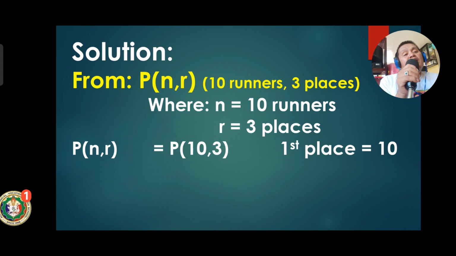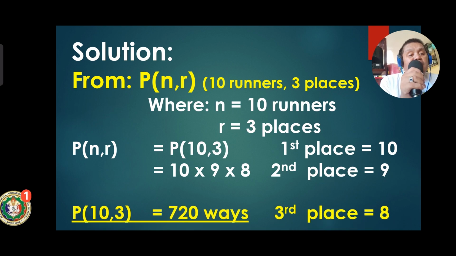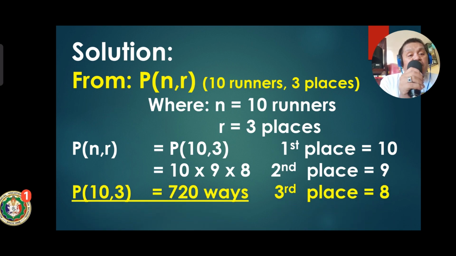Solution. We have from the permutation of n objects taken r at a time, where n is equal to 10 runners and r is equal to 3 places. That would be the permutation of 10 runners taken 3 places at a time. So again, first place is equal to 10, second place is equal to 9 ways, and third place is equal to 8 ways.